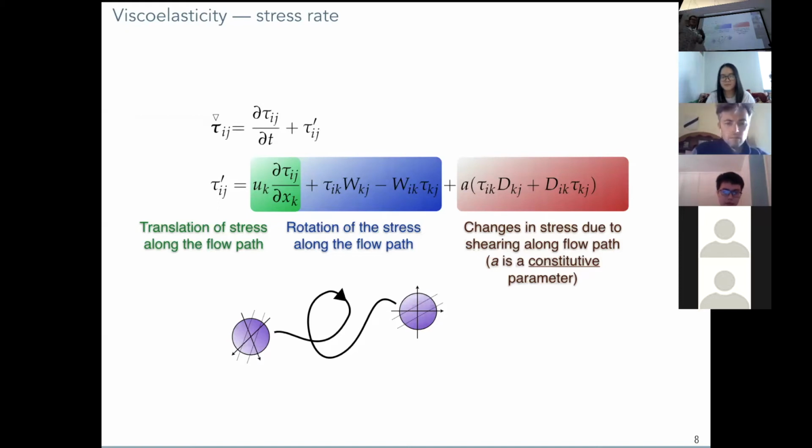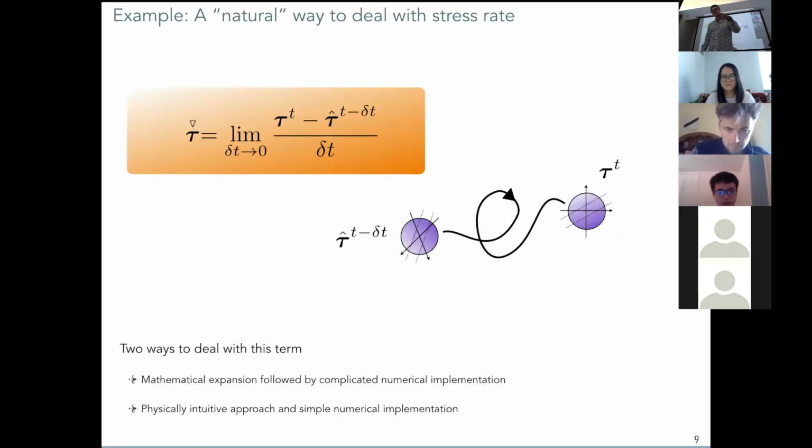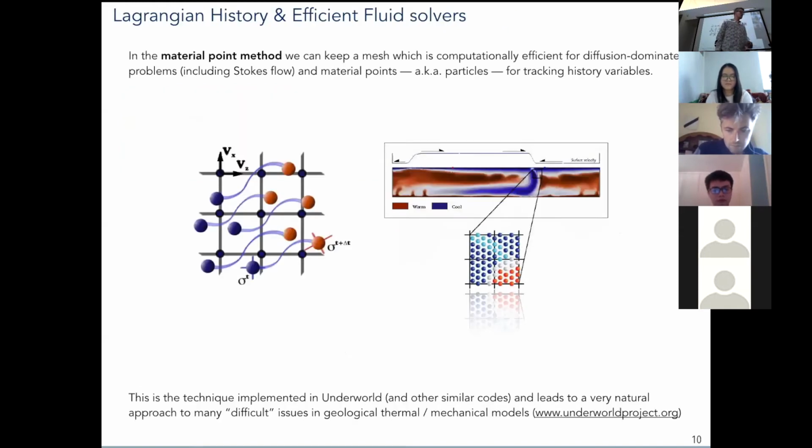Okay, so that's what happens if you just launch into your math textbook way of looking at it. And then you have to do finite differences on that, or you can just go back to what it fundamentally means, which is I moved something, it had some stress, and I'm going to record what that stress was.